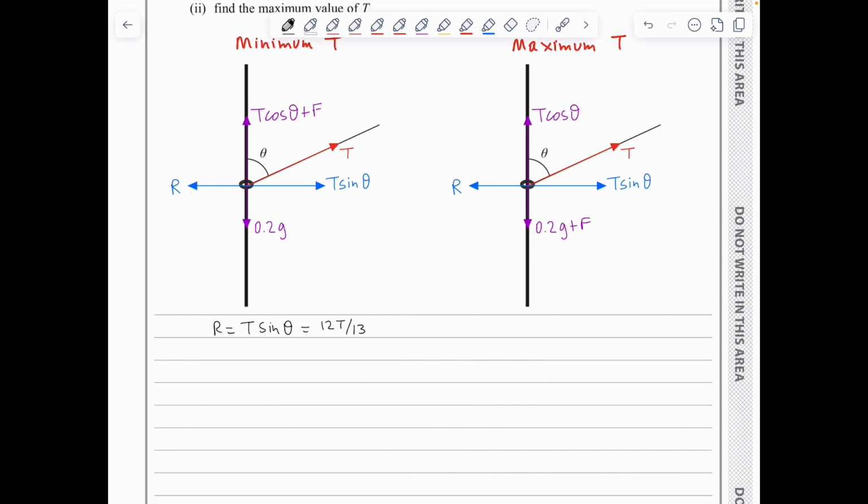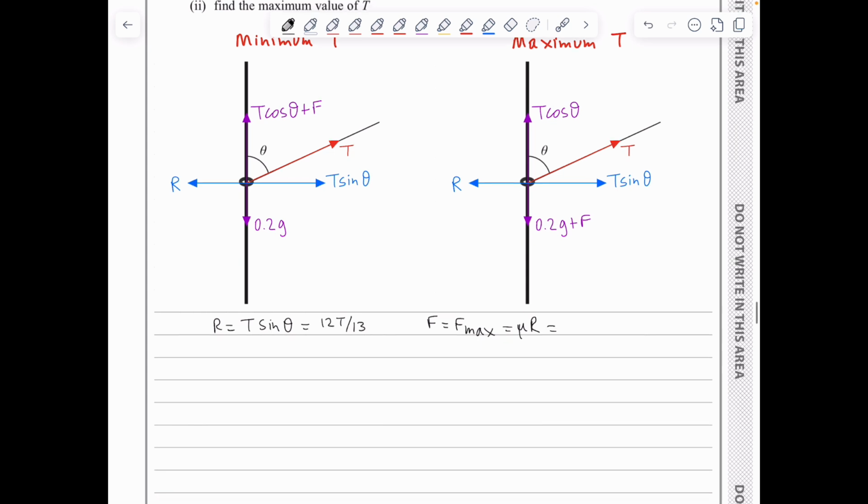We also know that the maximum friction F max is going to be mu R, and in both cases, since we're looking at the minimum and maximum value of T, we are attaining this maximum frictional force. So in our case, this is going to be 1/4 times 12T over 13. This simplifies to 3T over 13. It's going to be the friction in both cases. The only thing that's changing is the direction of the friction.